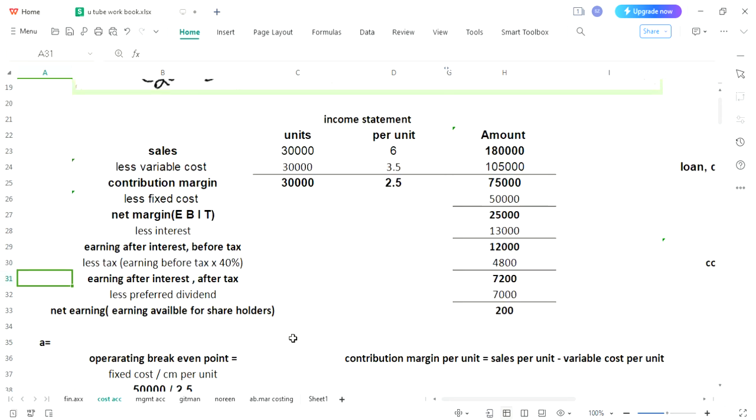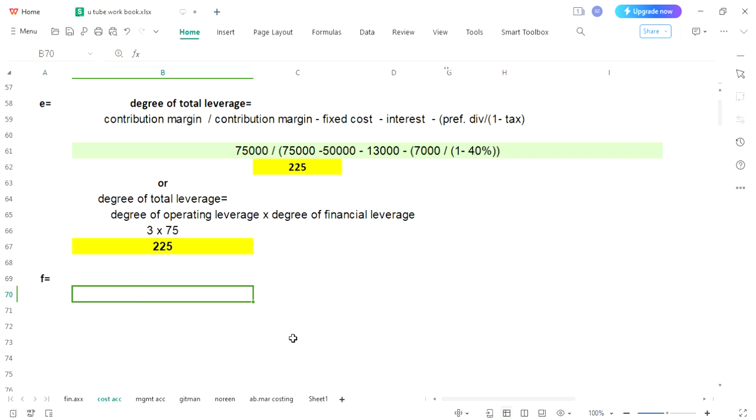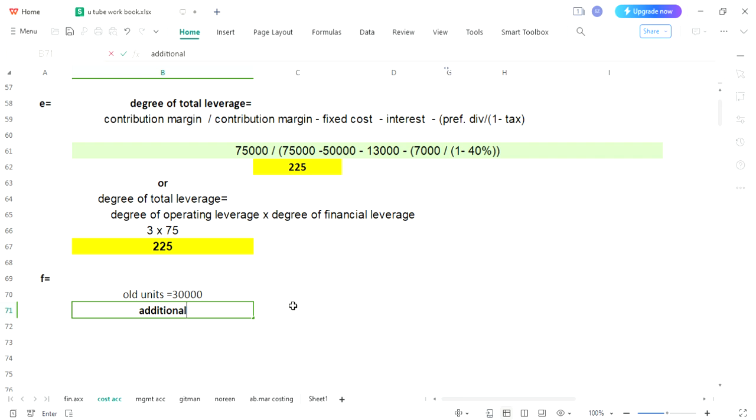For this, we'll have to create our understanding. Old units were 30,000 and additional units now being made 15,000.